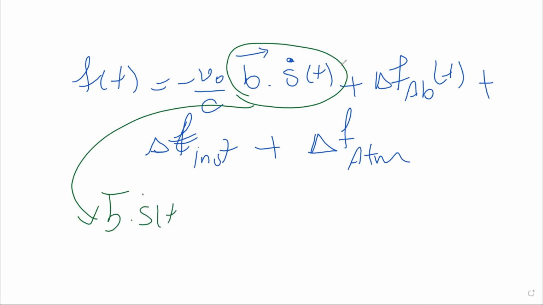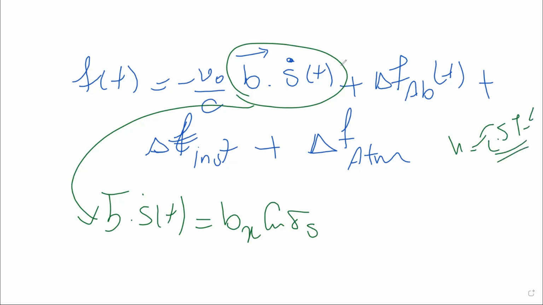So if I simplify this term here, it will be very similar to what I have already written, but there's a point that I want to highlight. If you remember, it was Bx cosine delta. But H, if you remember in the formula, H was GST minus alpha. GST is time.